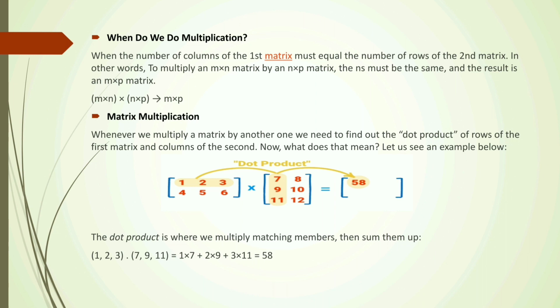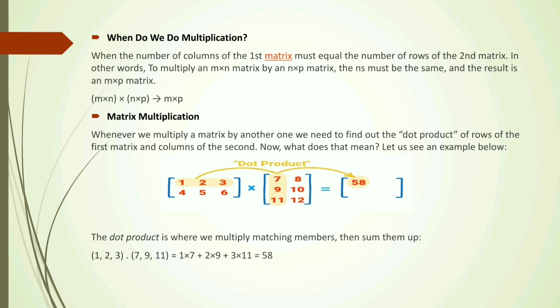When the number of columns of the first matrix equals the number of rows of the second matrix. In other words, to multiply an m by n matrix by an n by p matrix, the n must be the same, and the result is an m by p matrix. Here, the example is there.